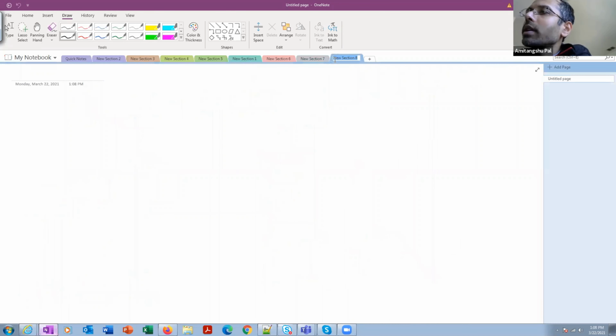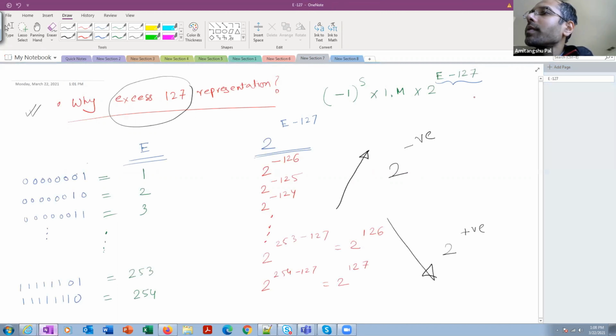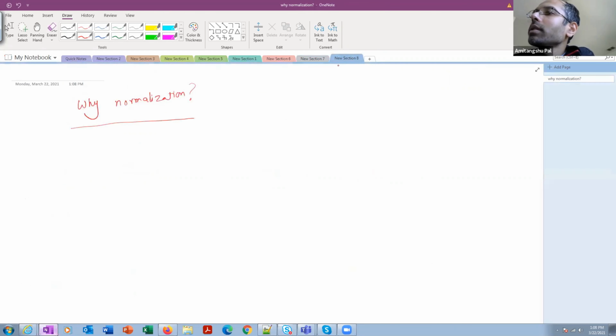Okay. The next question is why normalization? So as I said, if I give you a floating point number, while converting it to a decimal number, you will use the formula minus 1 to the power s into 1.m into 2 to the power e minus 127. And this is the place where I am using the normalization.